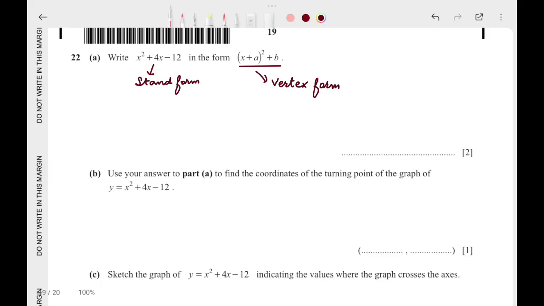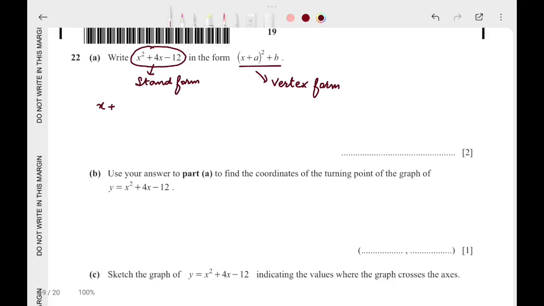And we have to convert this standard form into vertex form. So by using vertex form we can easily find out the values of a and b by comparison method.